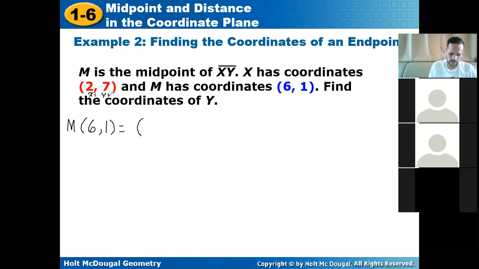Nos falta X2 y Y2. So we got 2, and we are missing the other part of the formula. Let's put an X, and that's gonna be divided by 2. ¿Están conmigo? And in the other part, we're gonna have 7. And we are missing the other part of the formula.